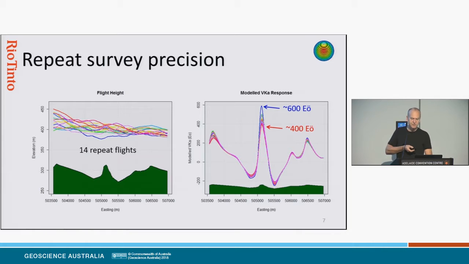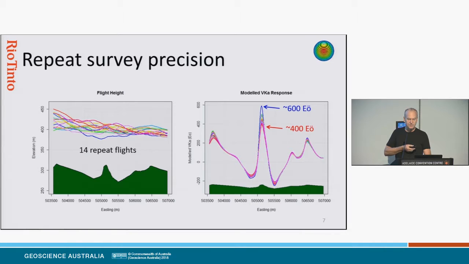In terms of the effect of the variations in the flight path, these are 14 actual repeat flights that have been performed over the RJ Smith test range. You can see that the topography is fairly moderate, but there's a fair amount of variation in the flight paths there.